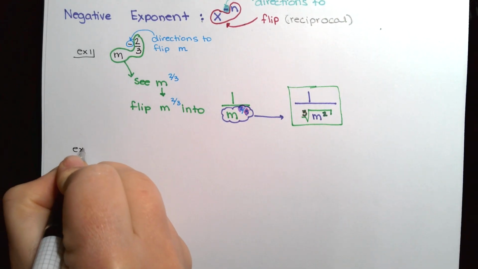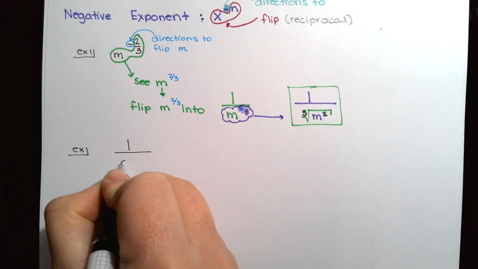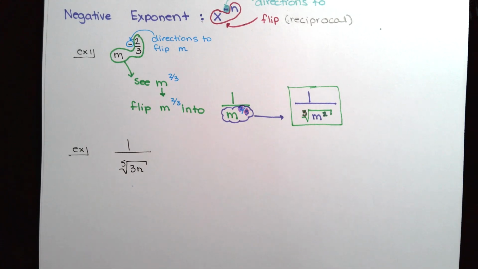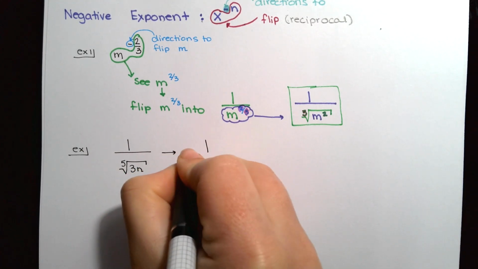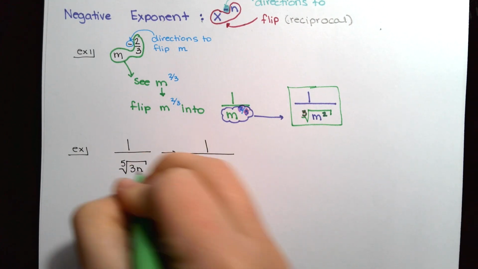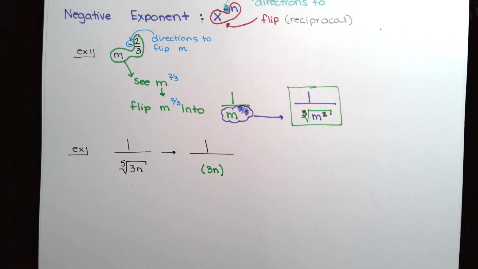So what happens if we see 1 over the fifth root of 3n? Step number 1, you're going to convert the radical into a rational exponent. So what's my base?